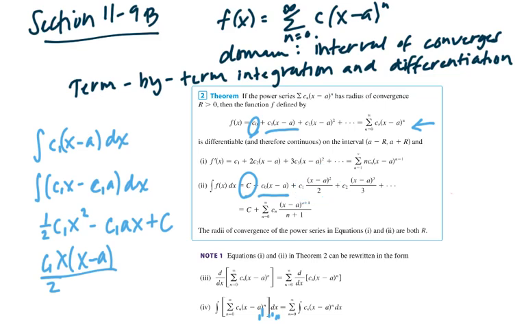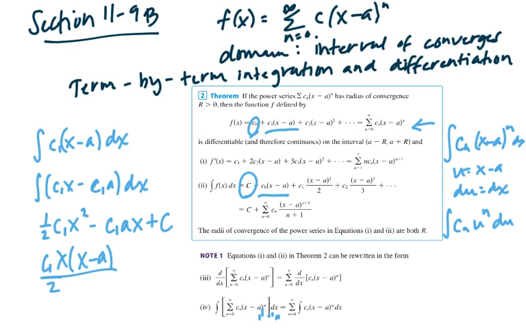But what we find is if we were to integrate c sub n x minus a to the n dx, we let u equal x minus a, du equals dx. So we have the integral of cn u to the n du.